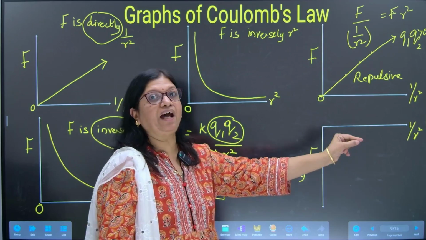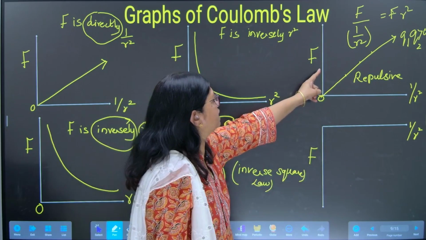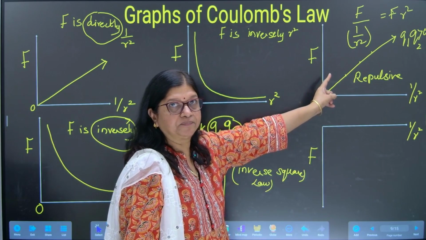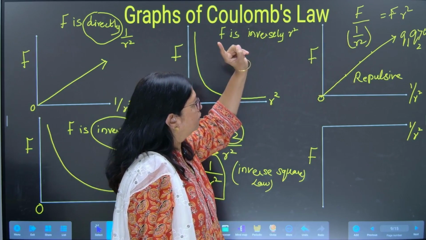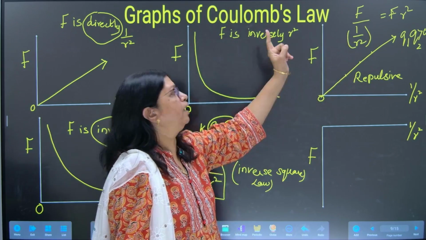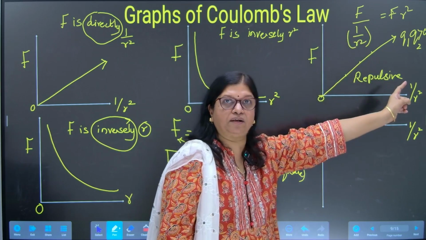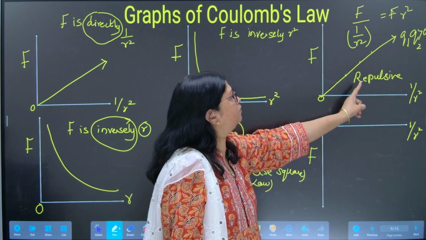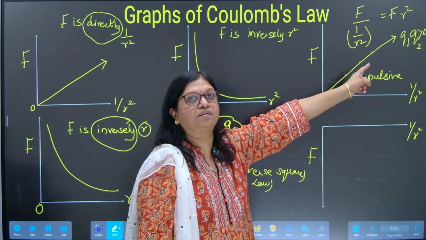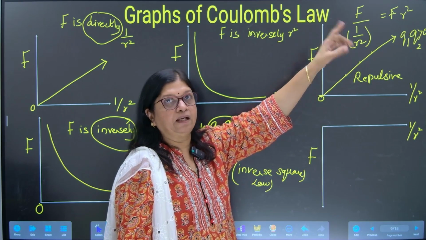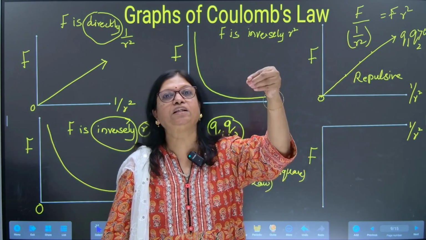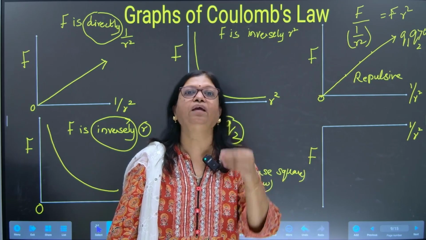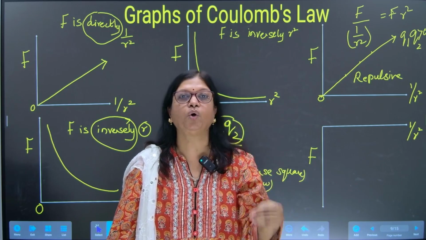So they can ask you in the exam what this kind of graph of F and 1 upon r square in the first quadrant is. It is repulsive because q1 q2 is greater than 0. If q1 q2 is greater than 0, then the force between these two charges should be repulsive because both are positive in polarity.